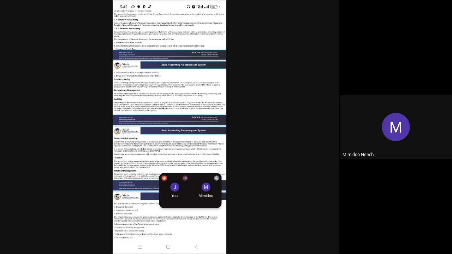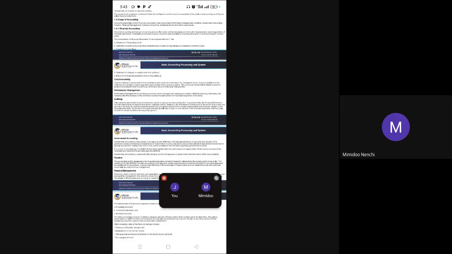Now, cost accumulation is the collection of cost data in some organized way by means of an accounting system.